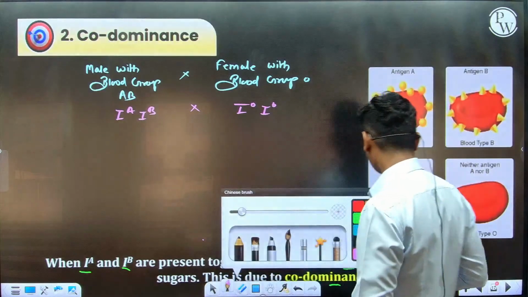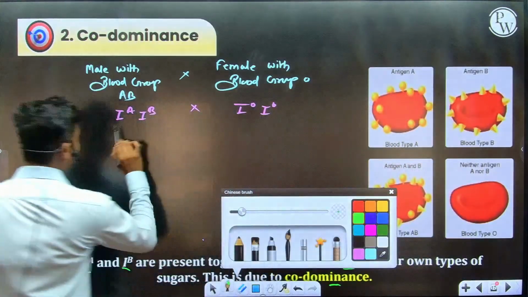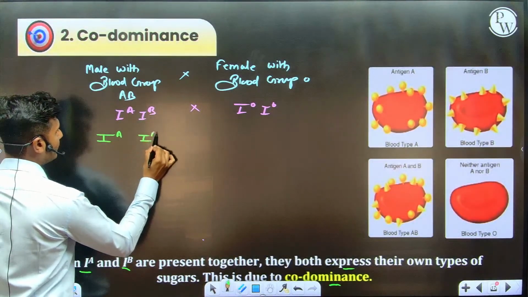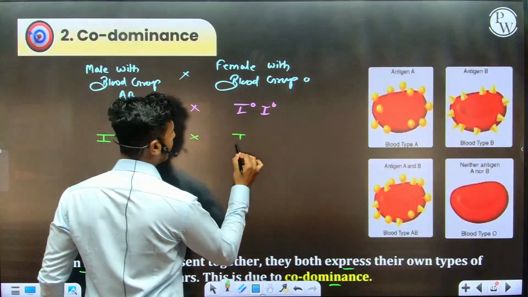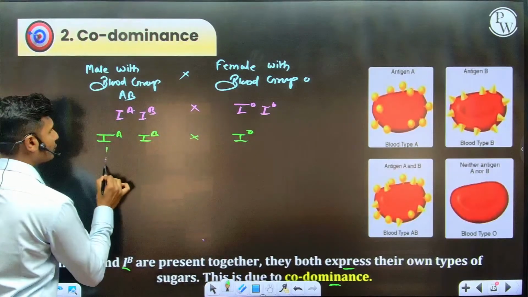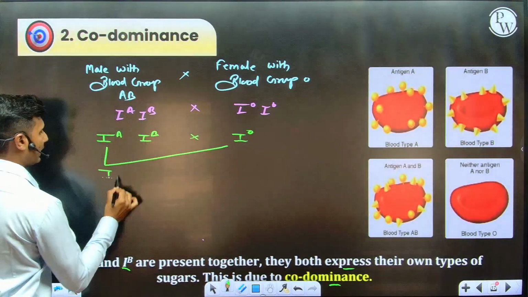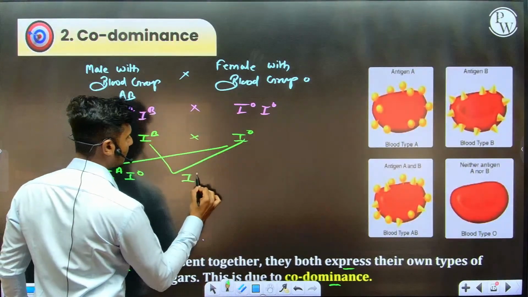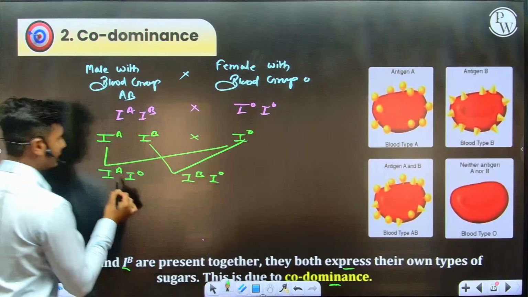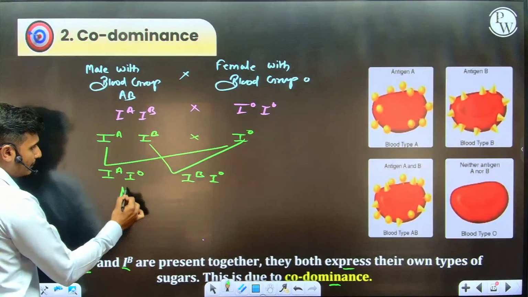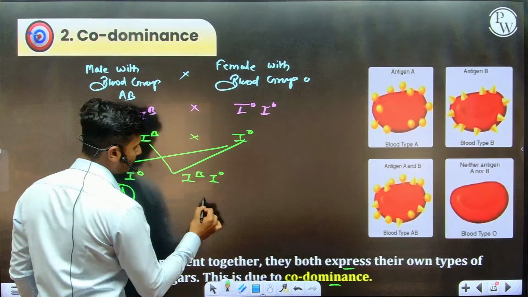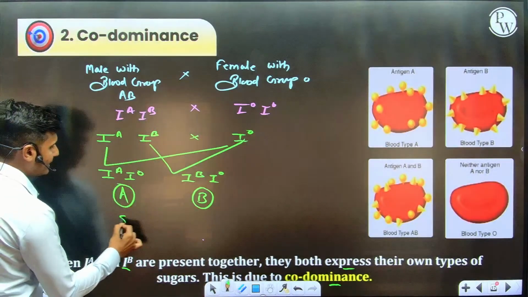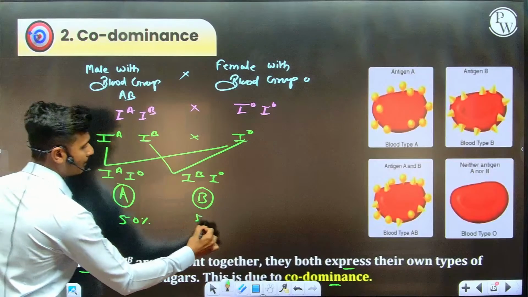Let's try to cross this. Two types of gamete are going to be formed, IA and IB, crossed with only one gamete here, IO. First crossed with IO gives IA IO, which means blood group A. Second crossed with IO gives IB IO, which means blood group B. Now the percentage is 50%, 50%.